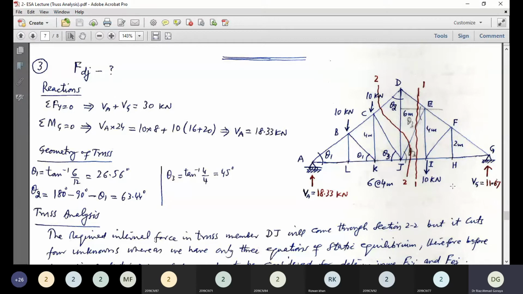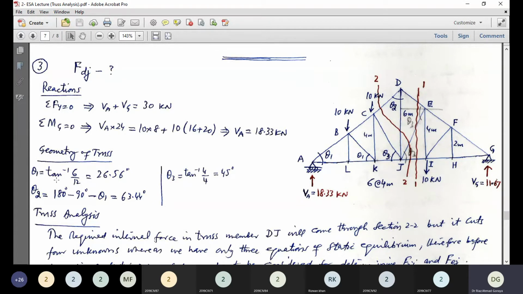Now the geometry of the truss. We need theta 1, theta 2, and theta 3. I have shown this is theta 1 at A, theta 3 at J on left side, and theta 2 at D on left side.